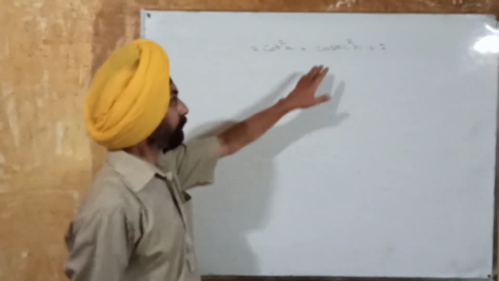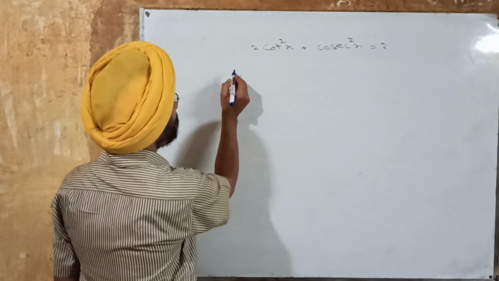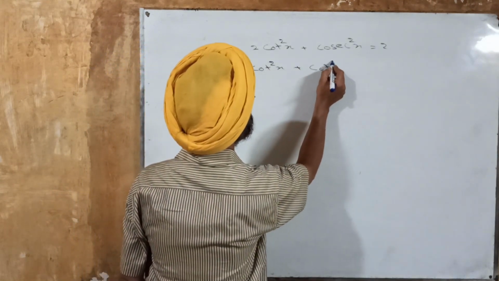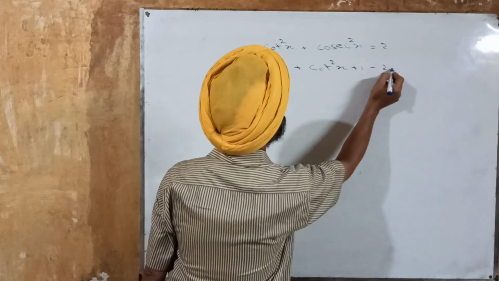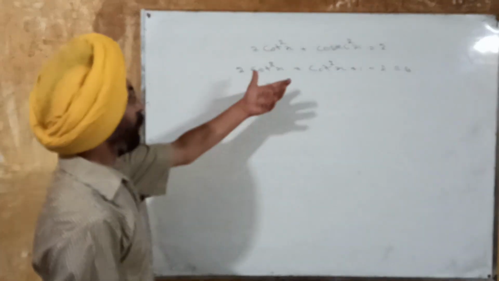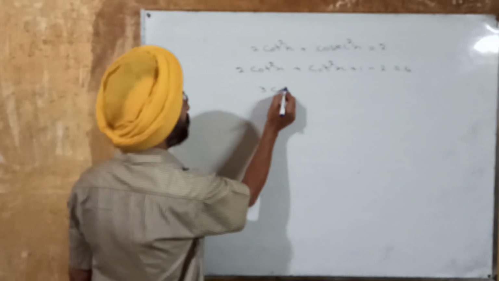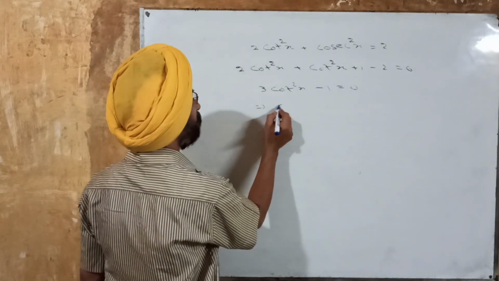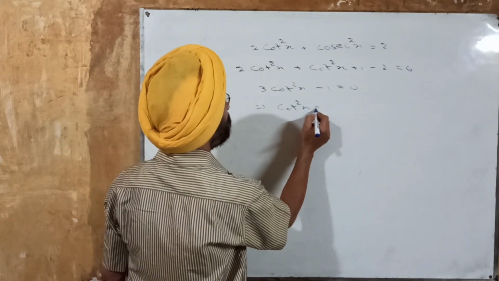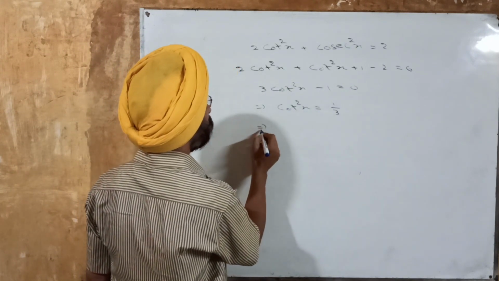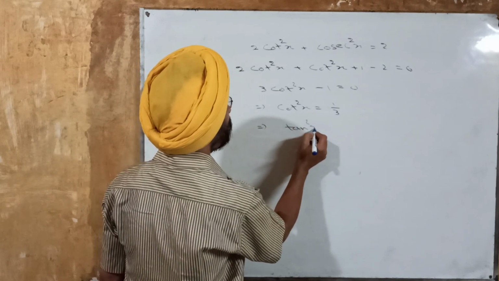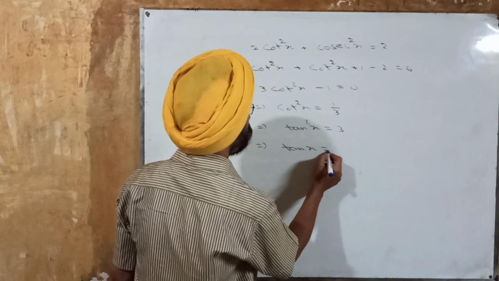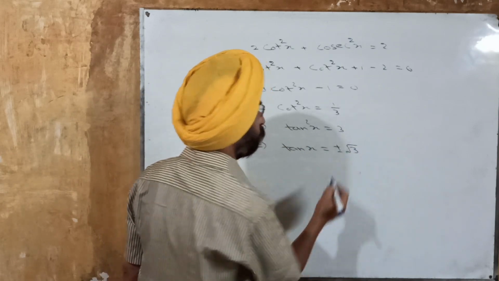Once again, this cosecant square x can be written as cot square x plus 1, minus 2 is equal to 0, you can say. And now it is 3 cot square x minus 1 is equal to 0, which will give you cot square x is equal to 1 by 3. Or you can say your tan square x is equal to 3, or you can say your tan x is equal to plus or minus square root of 3.